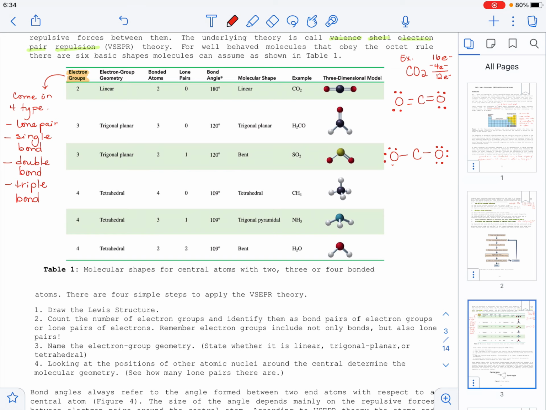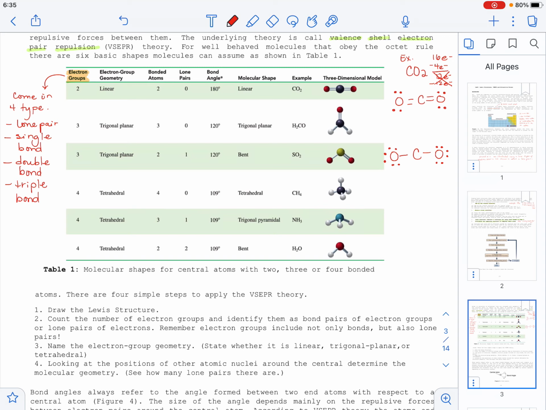Placing these 6 dots onto the oxygen atoms means that I already used the remaining 12 electrons, so I don't have any electrons left.